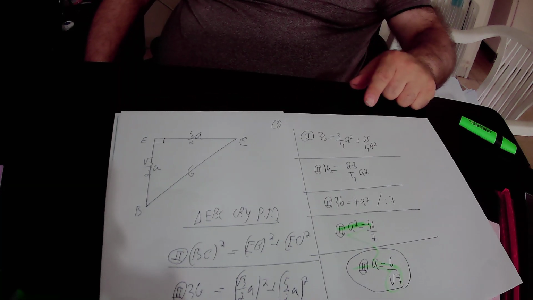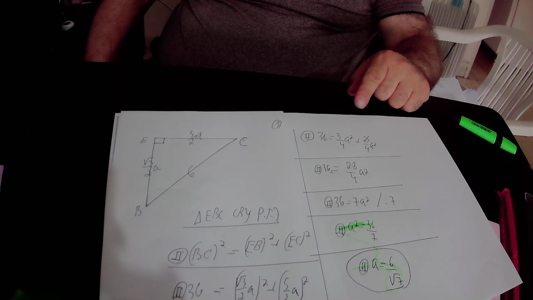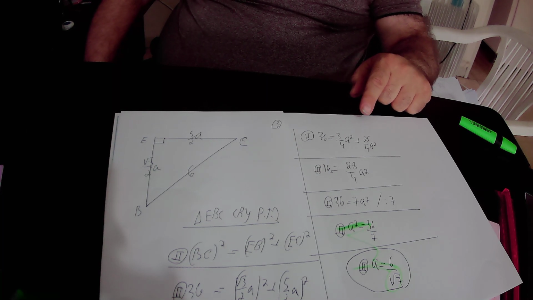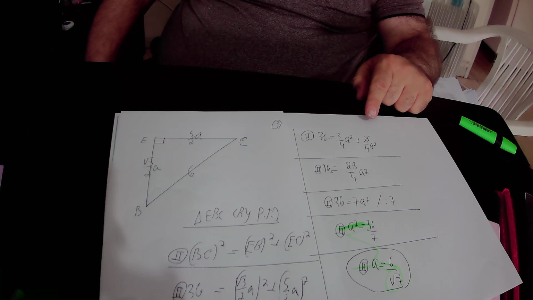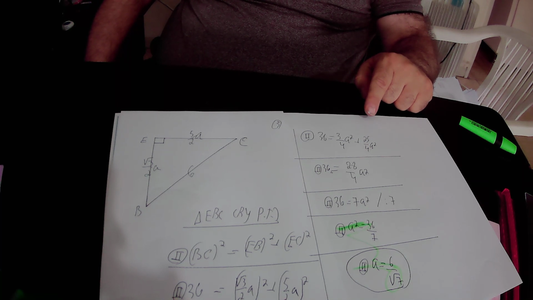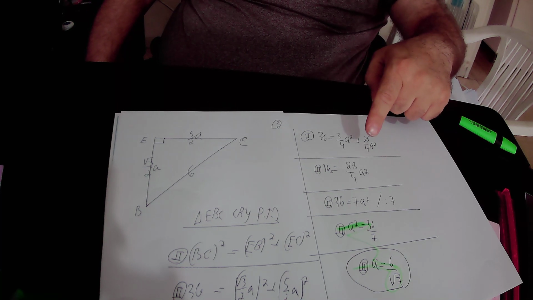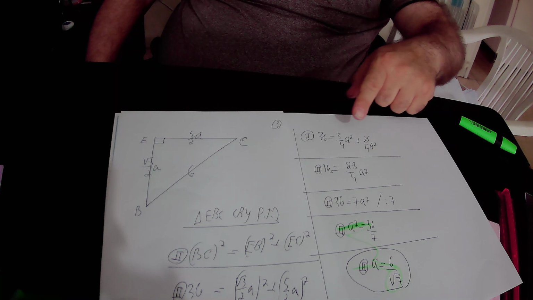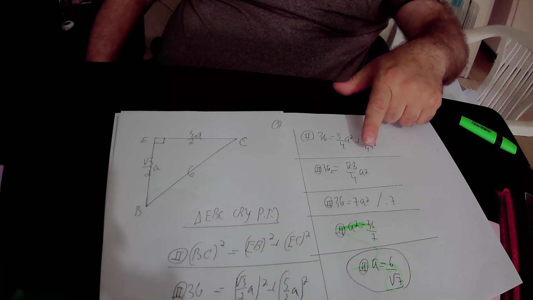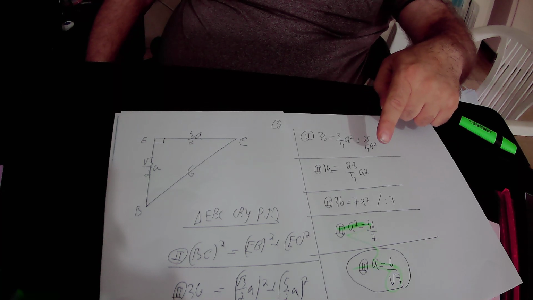Open the brackets here. Square root of 3 over 2 times A, squared, is 3 quarters A square. 5 halves A, squared, is 25 quarters A square. 3 quarters plus 25 quarters is 28 quarters. So we got that 36 equals 28 quarters times A square. 28 over 4 is 7.